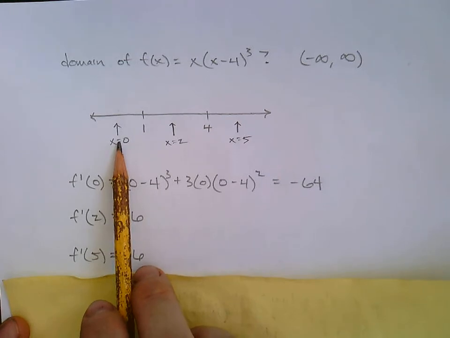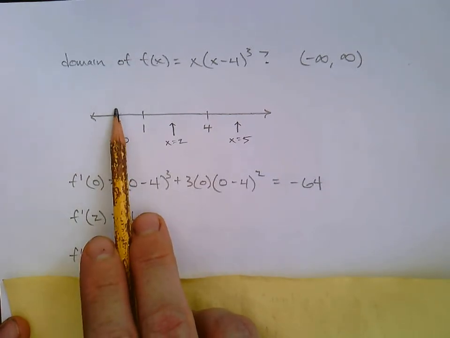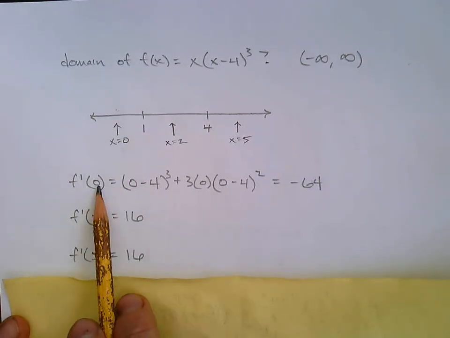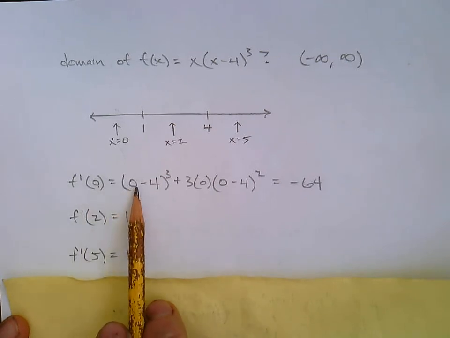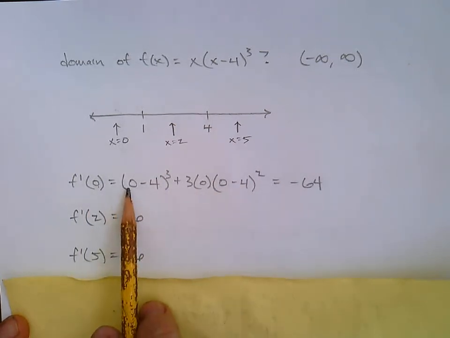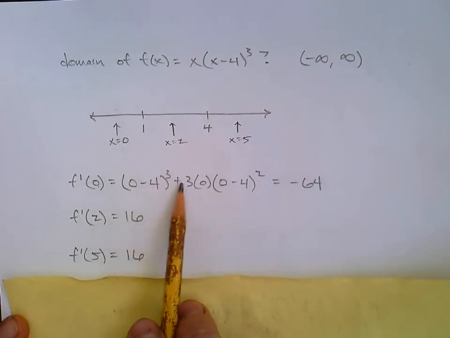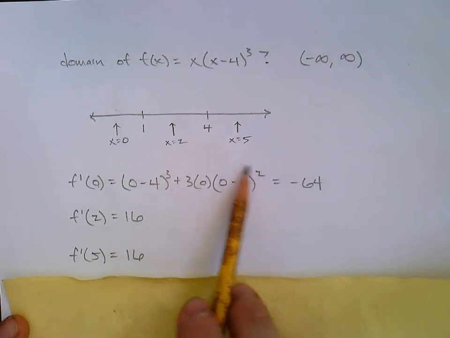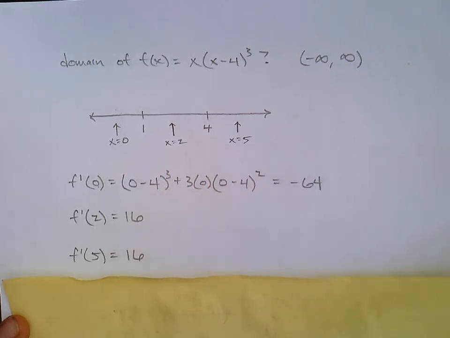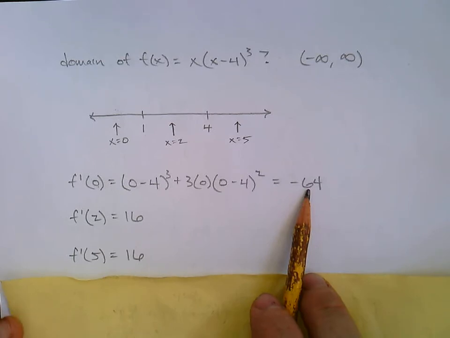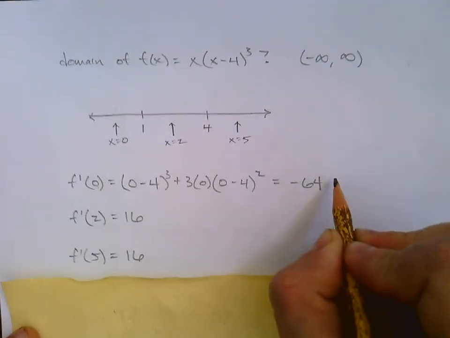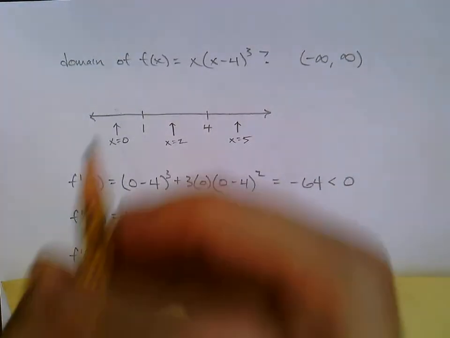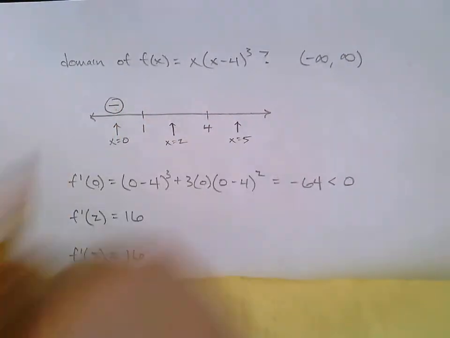So we're going to take 0. Is this increasing or decreasing? We're going to plug it into the derivative. And that's our derivative from the previous page. So 0 minus 4 to the third plus 3 times 0, 0 minus 4 squared. Okay, all that's 0, and we get negative 64. The fact that it's 64 is no big deal. We don't really care about that. It's negative, so we put a big negative sign right there.